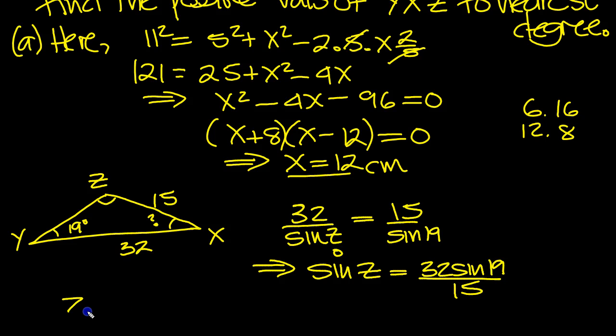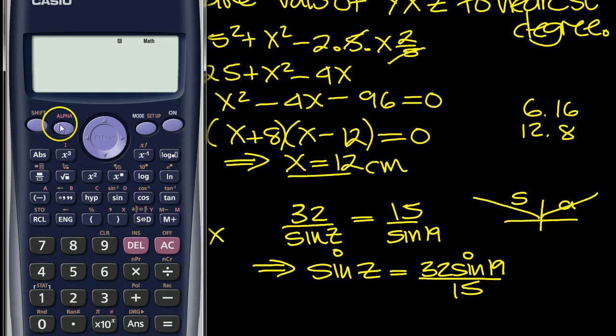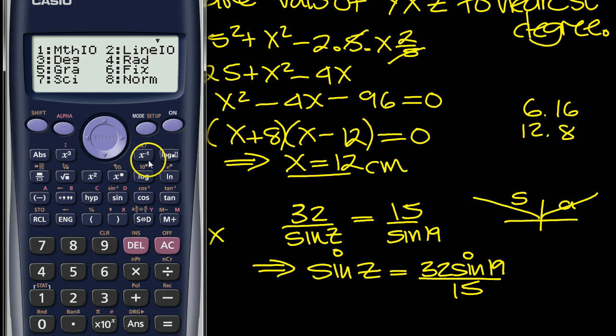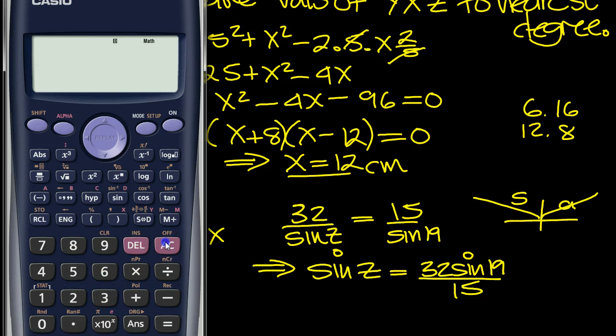So shift sine then. Sine is going to be positive, so don't forget there's 2 possible solutions for sine, here and here. So we've got an acute angle. Let's do the acute angle. This is positive, so let's do shift sine. So we need to be in degrees mode, shift mode. Degrees is number 3.